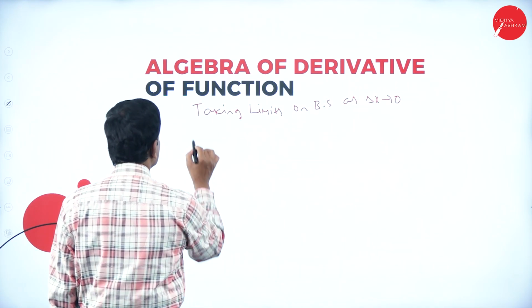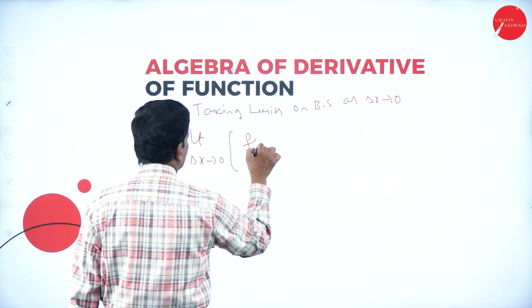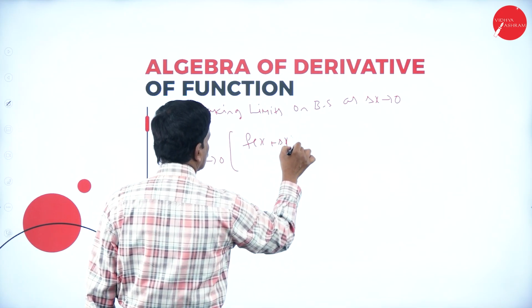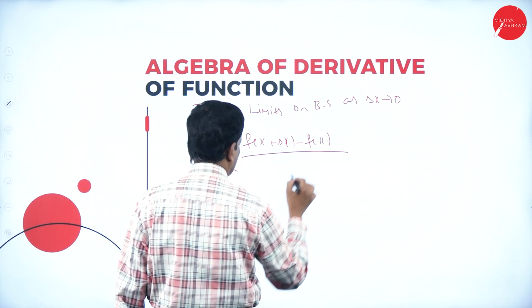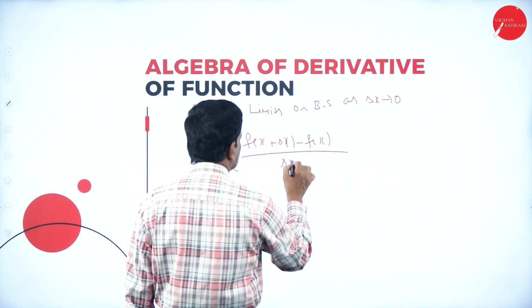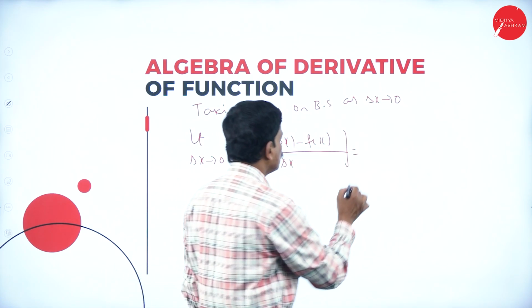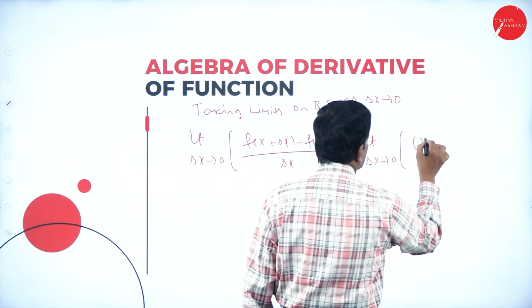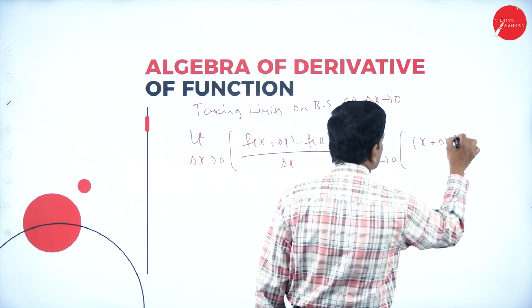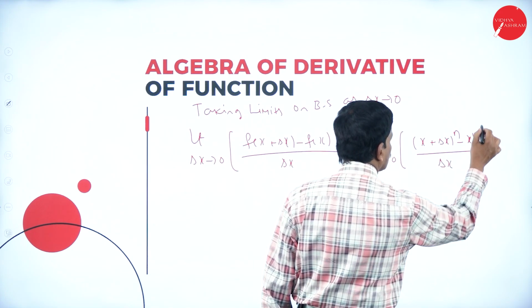Then what happens? This is limit delta x tends to 0 of f of x plus delta x minus f of x divided by delta x is equal to, on the right hand side, limit delta x tends to 0 of x plus delta x to the power of n minus x raised to n divided by delta x.